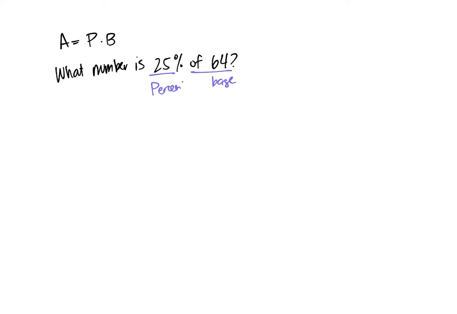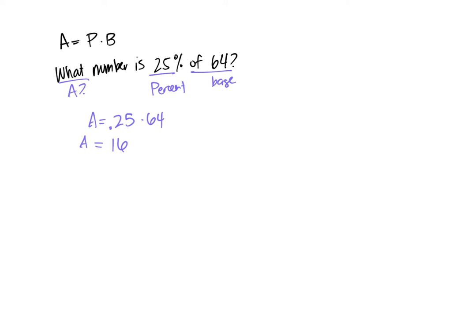And what I'm actually looking for is my A. So we have A is equal to 25%, or I'll use my decimal version by moving it 2 times to the left, 0.25 times 64. And this comes out to 16. 25% of 64 is 16.